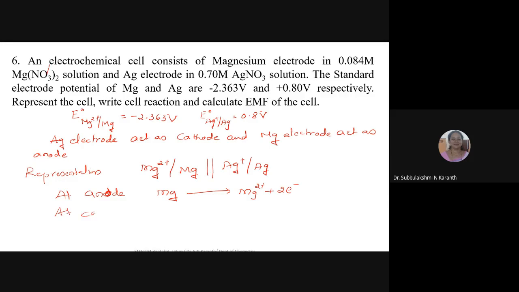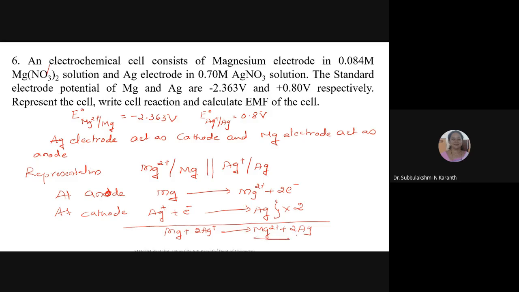At cathode, Ag plus electron gives rise to Ag. This second equation should be multiplied by 2 because the reactions are simultaneous.